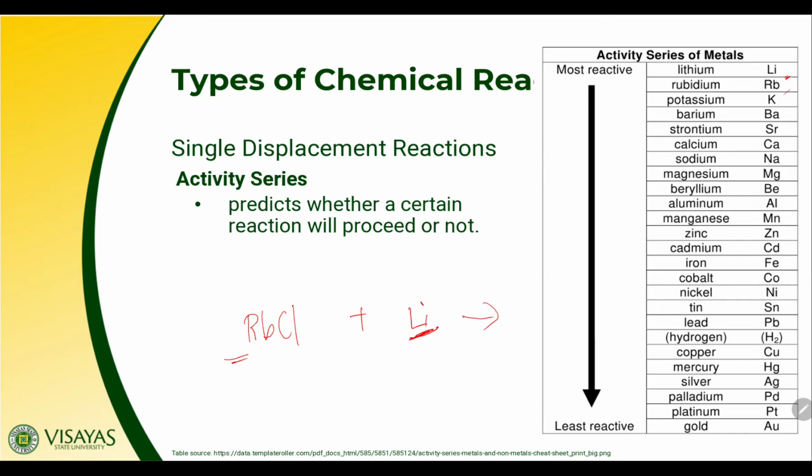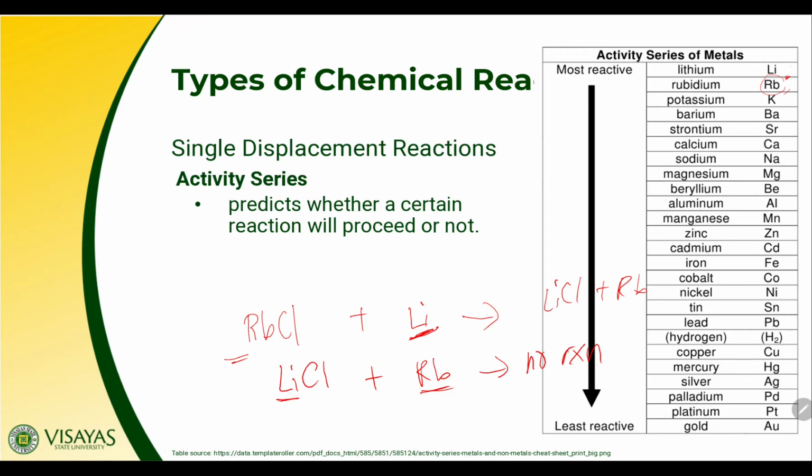Okay, so there is a reaction forming lithium chloride plus rubidium. But if the reaction is like this, we have lithium chloride plus rubidium. Since rubidium is below lithium, it cannot displace lithium in the reaction. So therefore, we don't have a reaction in here.